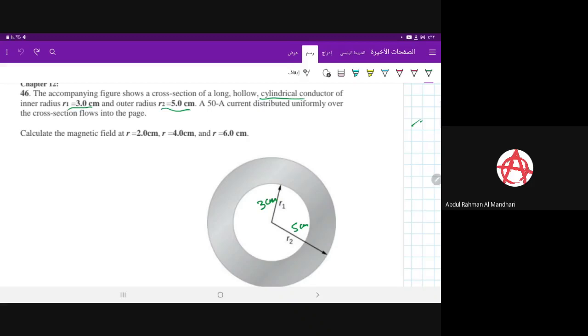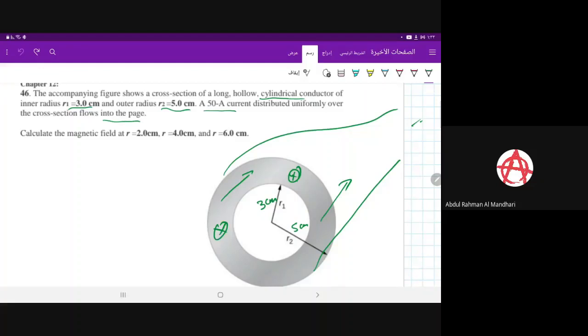Then we have a current of 50 amperes, distributed uniformly over the cross section, flowing into the page. So the current is going inside. This is the story.